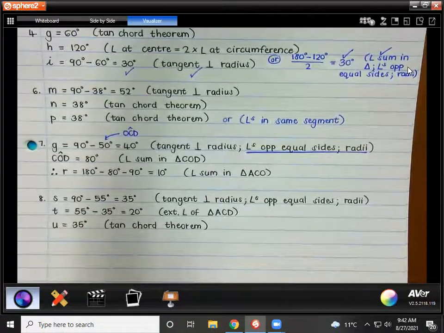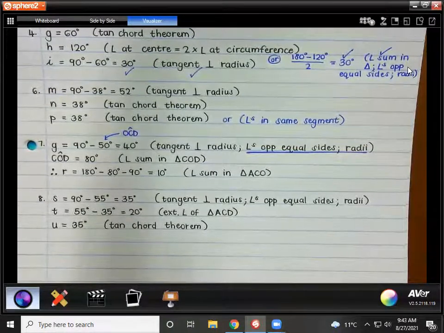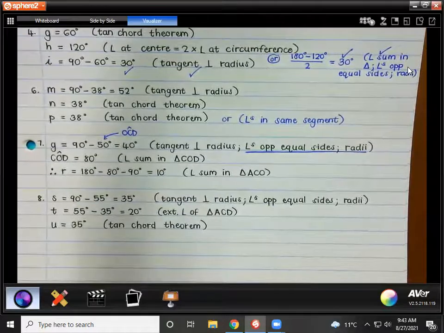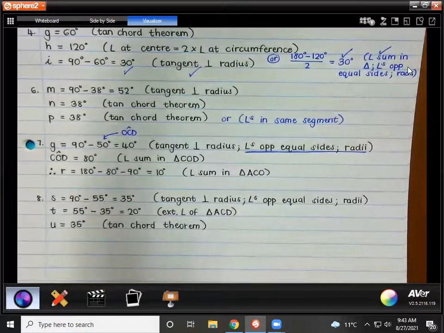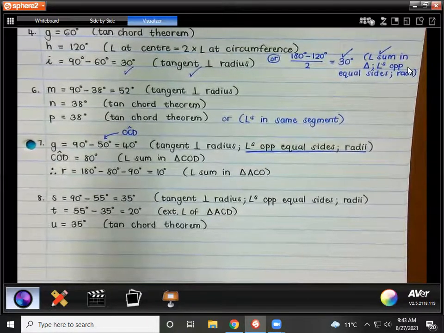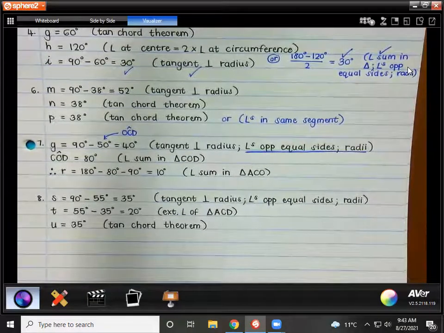So if there are three things, then we take two. It depends on how the marks are allocated. So if they've given one mark for all the reasons, if you leave one of them out, you will lose that mark. But usually they award more than one if there's more than one reason.